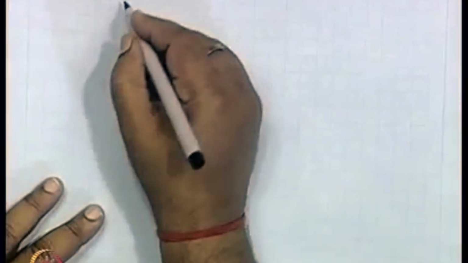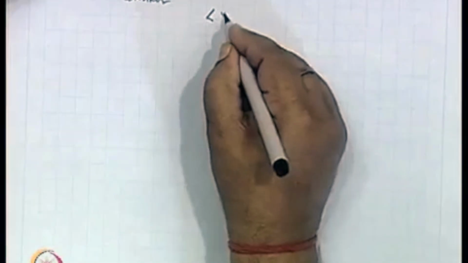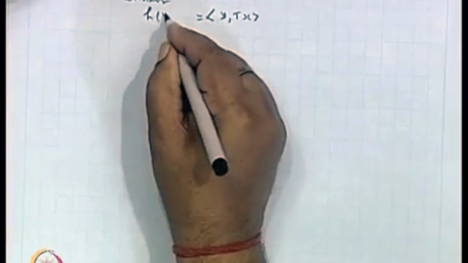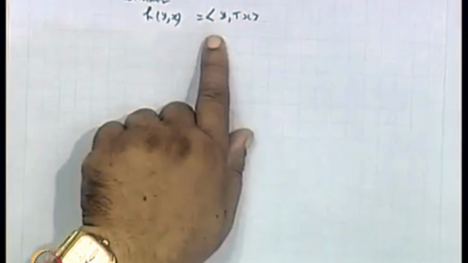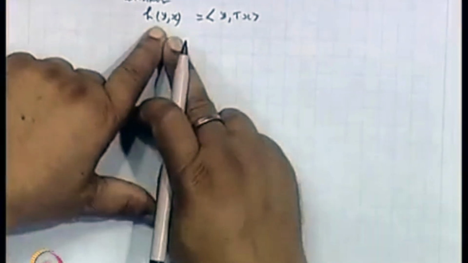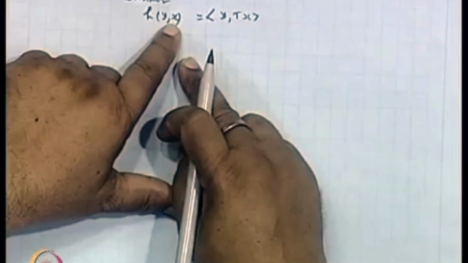Okay. Let us start this. Suppose we consider the inner product of y, Tx as h of y, x. I am considering a function h defined on the Cartesian product, where y is an element of H2 and x is an element of H1.